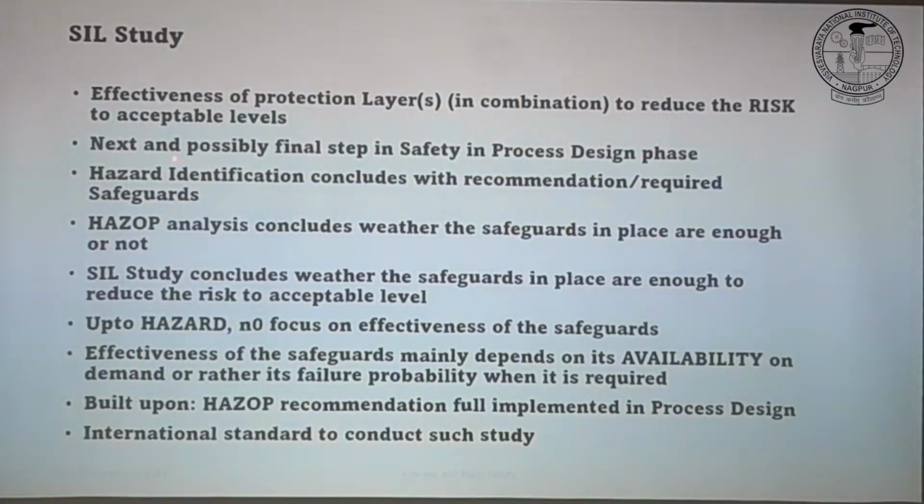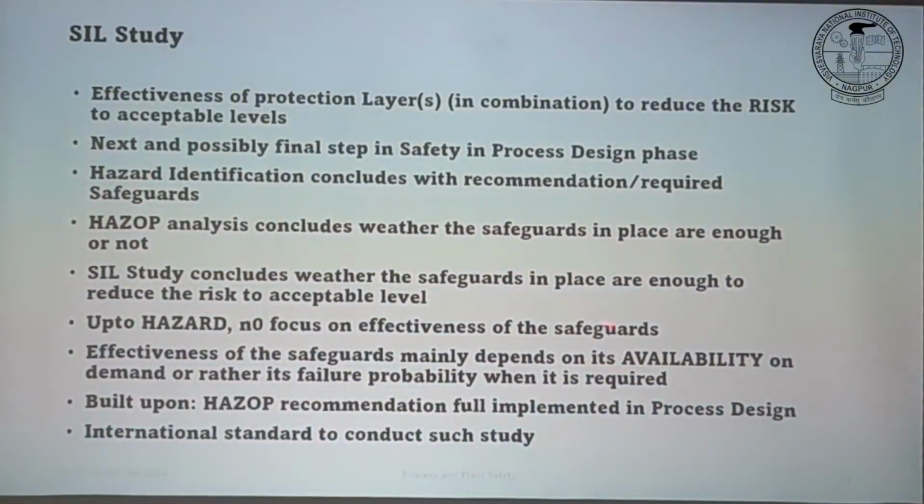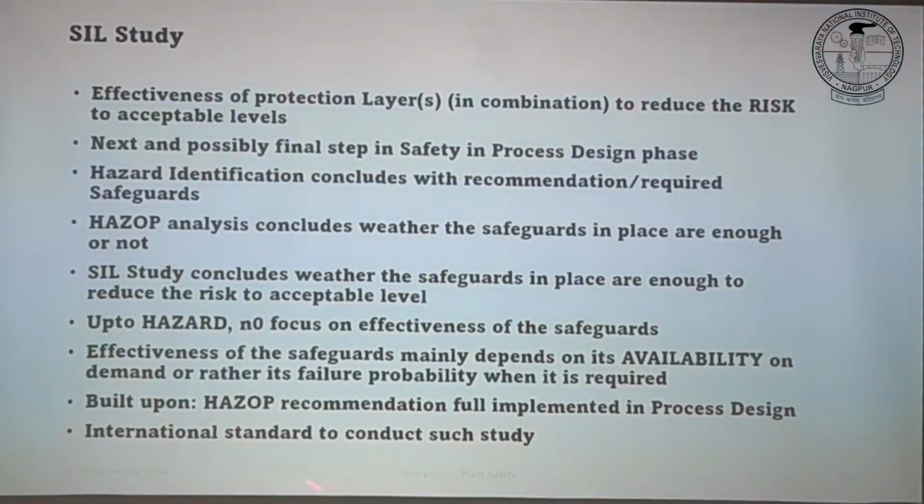So actually this is, let's say, in the conceptual stage we did the hazard identification. In HAZOP we did some hazard identification as well, some are problems. But in HAZOP we basically confirm that all the safety measures are there. If some are missed, we recommend something.